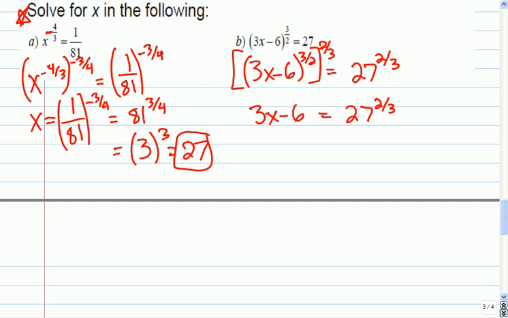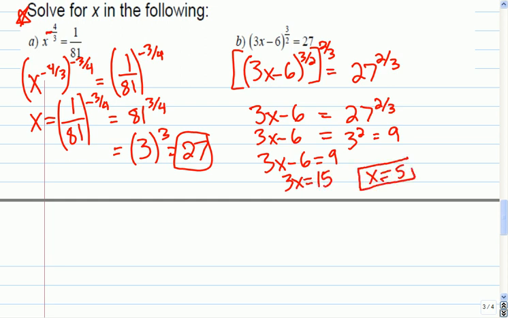So this is the cube root of 27. That's 3. So 3x minus 6 equals 3 squared. So that's going to be 9. So 3x minus 6 equals 9. 3x equals 15. So x equals 5.